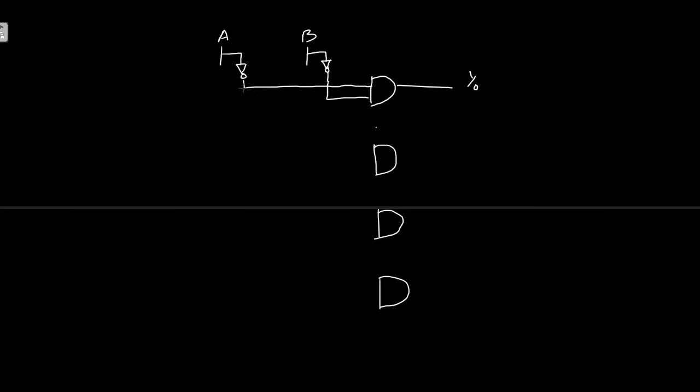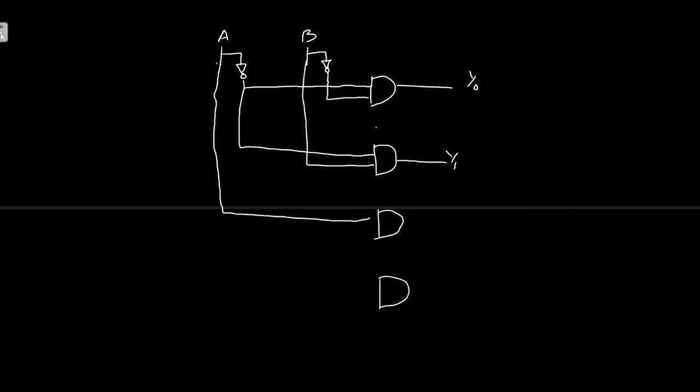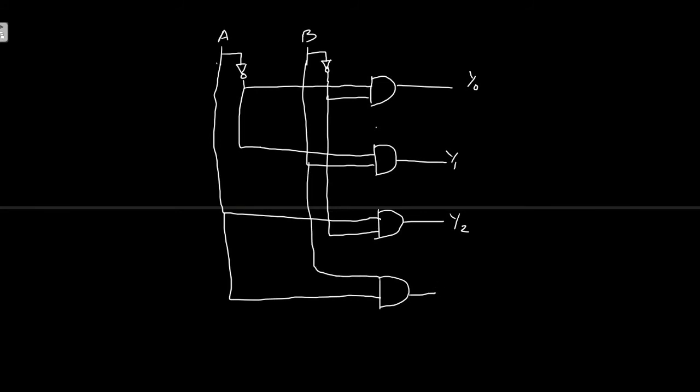Then 0 1, then we get Y1. 1 0, this is 1, this is 0, then we get Y2, and 1 1, this is 1, and this is again 1, so we get Y3. So this is a logic diagram of any decoder.